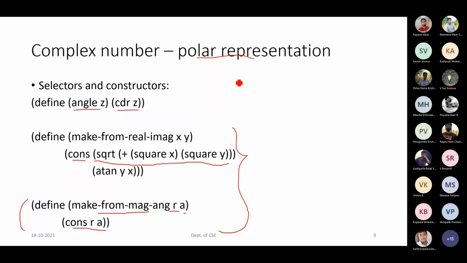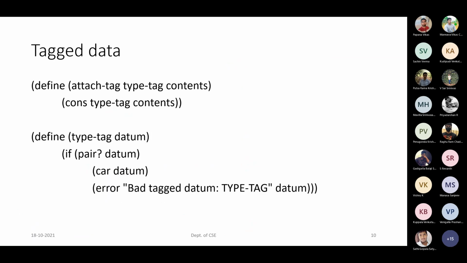So to solve such a problem, we have come up with tagged data. What is this tagged data? Tagged data is nothing but, see how we were representing the complex number, say 1, 2. Oh, sorry. Since it was in the cons, I should have put a dot over here, right?